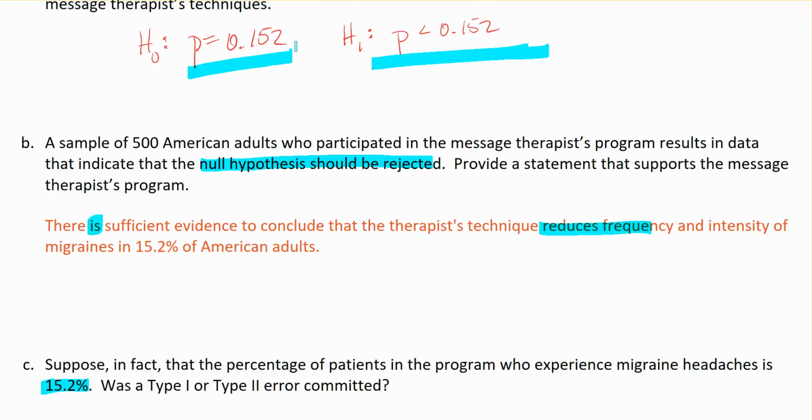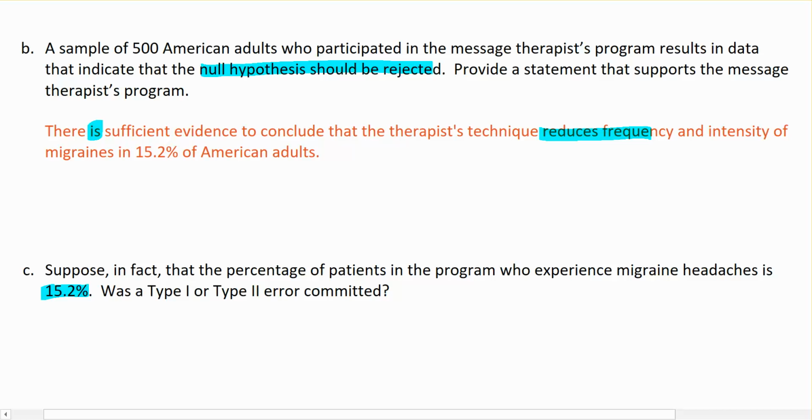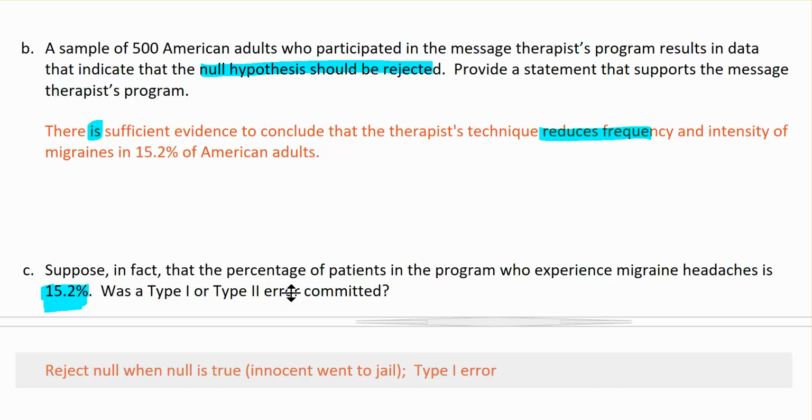In other words, the null was true, but we rejected it, didn't we? We rejected the null, which is the 15.2, when the null was in fact true, and that is a type 1 error. So we rejected the null when the null was true. In other words, the innocent went to jail, and that is in fact a type 1 error.